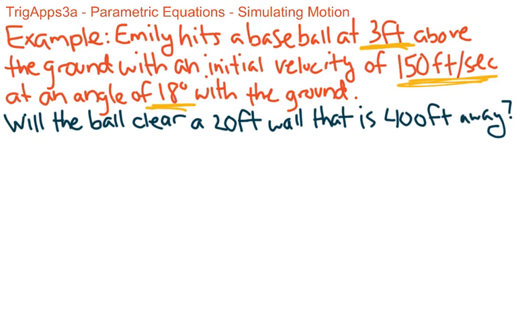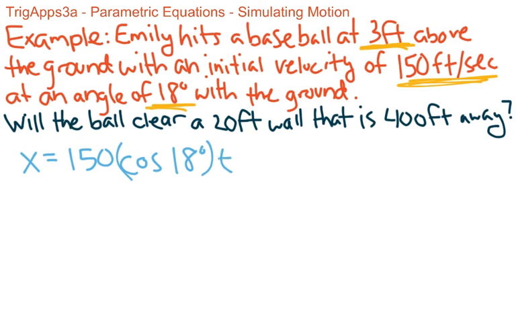We're going to take that information and create the equations from it. So here goes. x equals, and we'll worry about the other stuff later, 150 feet per second times cosine of 18 times t.